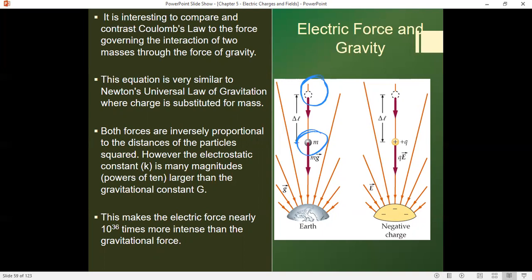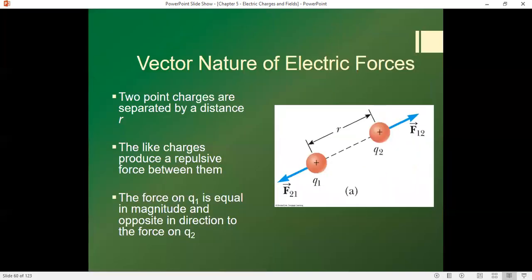And the same thing is true with the electric force, that positive charges are pulled in the direction of a negative charge. Okay. So same sort of way we can envision things.